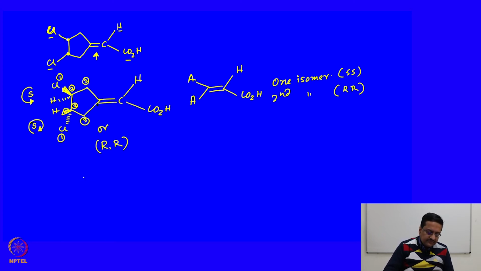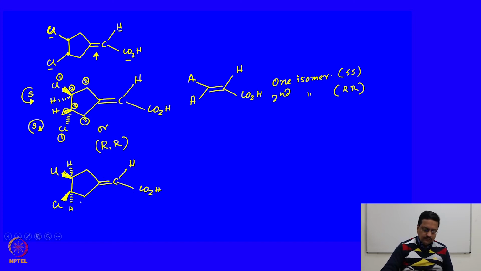But then when we have the opposite one, which is like this, both the chlorine atoms are above the plane.